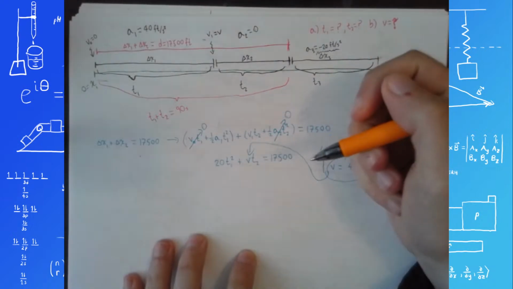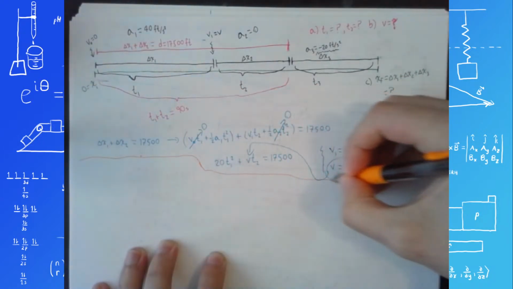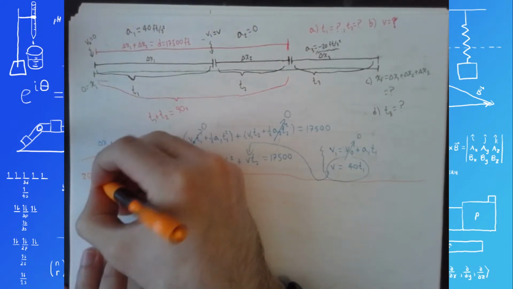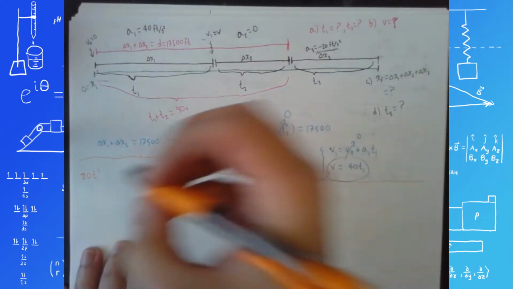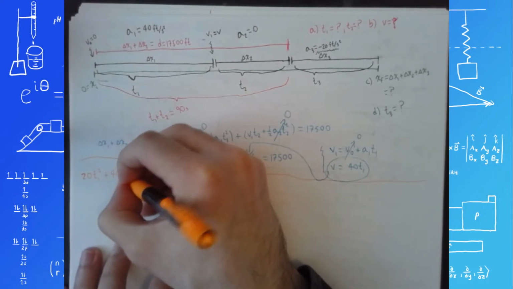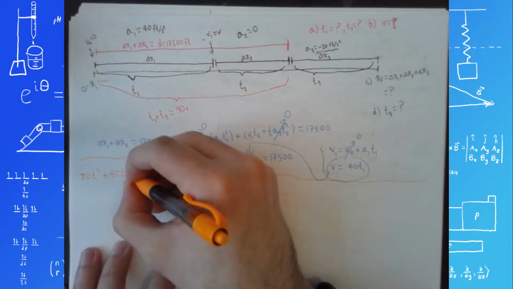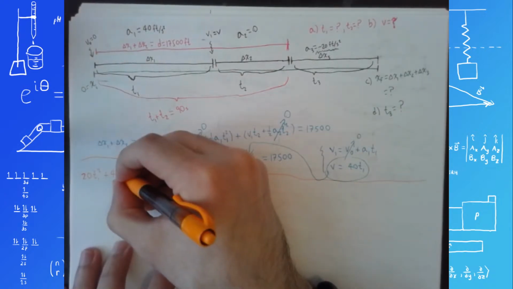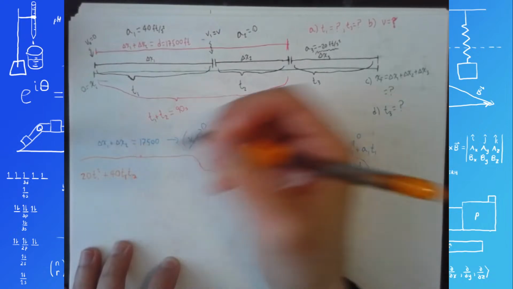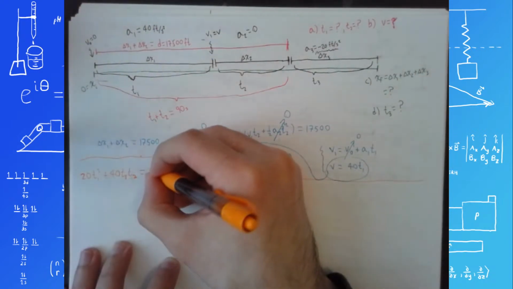So if I plug that in here, what do I get? 20 t1 squared plus 40 t1 goes in for v, and then times t2. 40 t1 times t2, and that all equals 17,500.